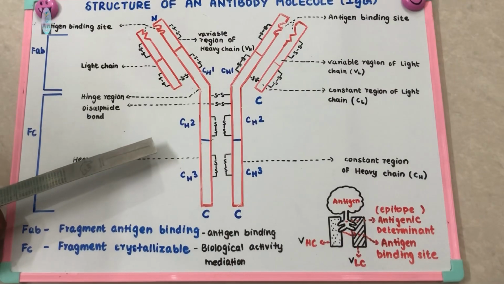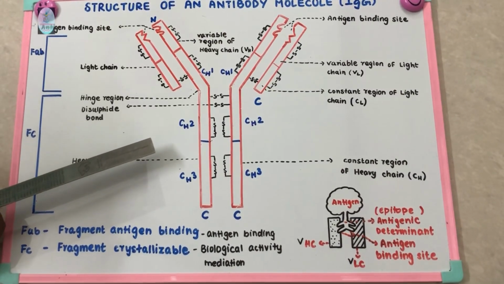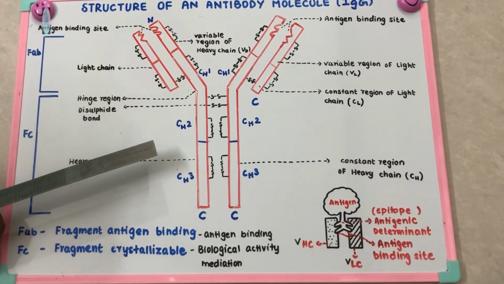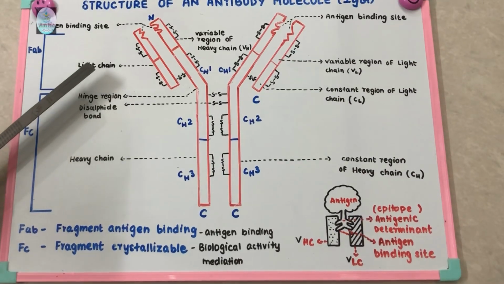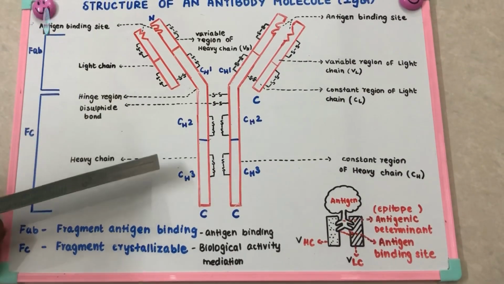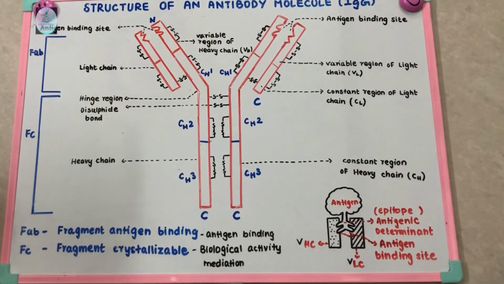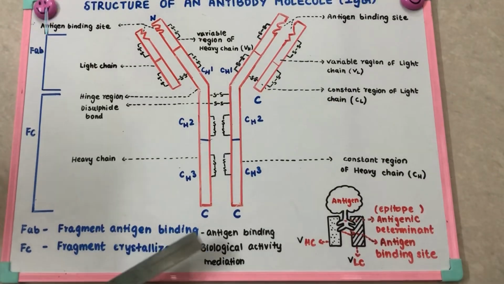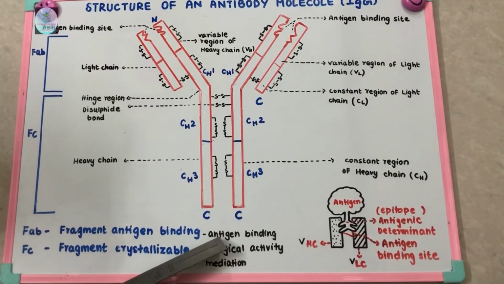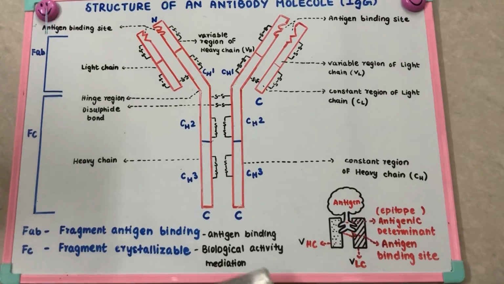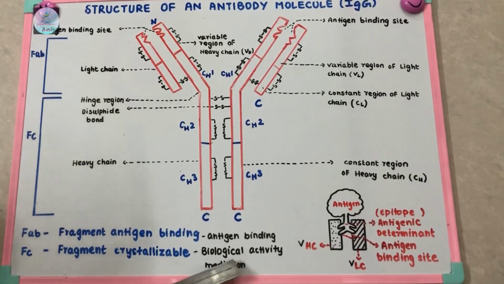It lacks the property of antigen binding, that is it does not bind any antigen. Only the FAB region binds the antigen, and the FC region helps in mediating biological activity. So FAB helps in antigen binding, and the FC region helps in biological activity mediation.